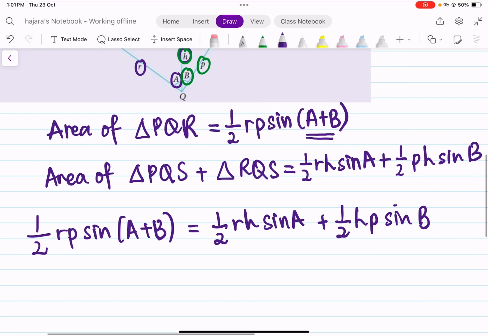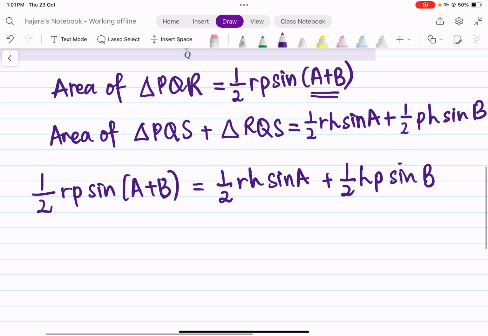Okay, so I have equated the area of triangle PQR with the sum of the area of PQS and RQS. Now, because this derivation is for us to figure out what happens to sine A plus B, let us remove everything else on the left-hand side other than sine A plus B. So I'm going to divide half throughout, and I'm going to divide RP throughout.